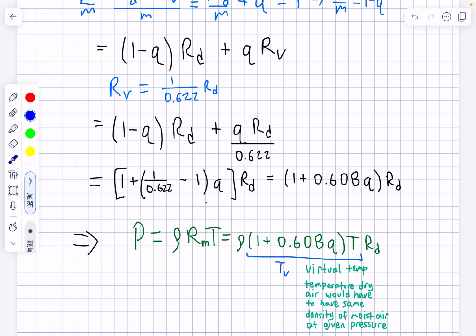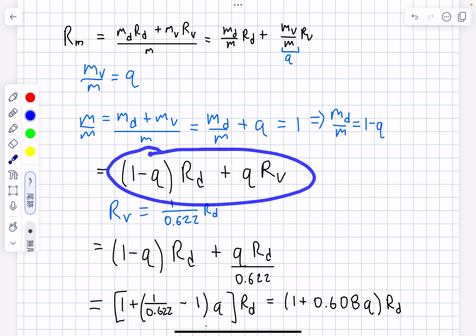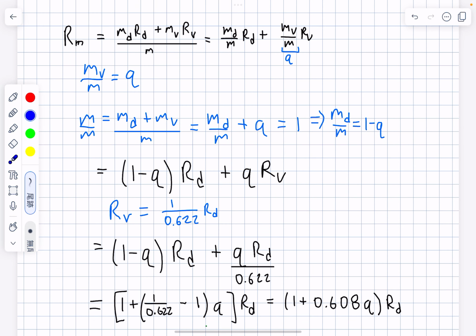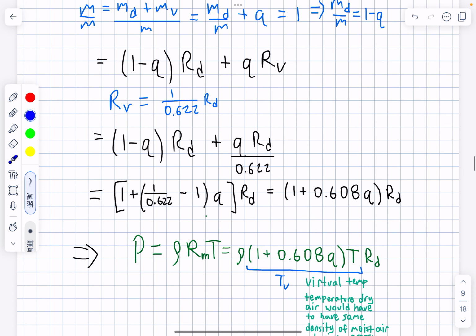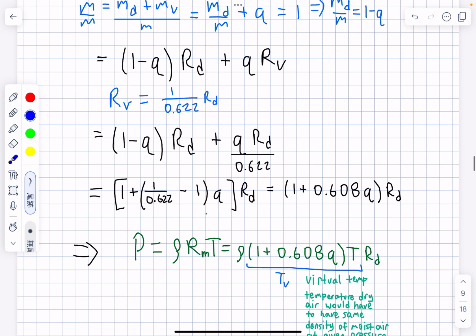Since it's difficult to calculate the water vapor, we instead use this idea of what temperature would it have if it had the same density, and that's why we see here only the dry air gas constant with some other term here. We could have stopped the equation here, but some of these terms might not be very easy to calculate, and so we can use this form.